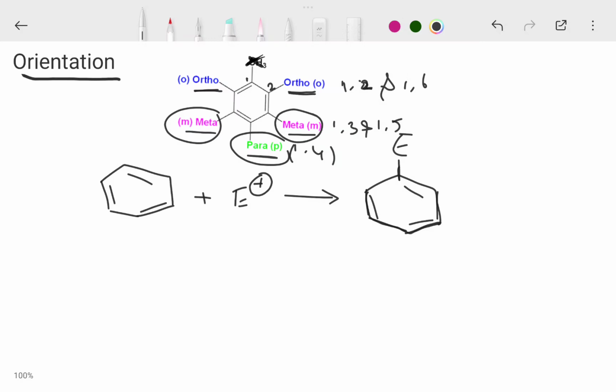The substituent which is already present in the benzene ring will direct the incoming electrophile to occupy a particular position of the benzene ring, and it also affects the rate of the reaction. This is called orientation.